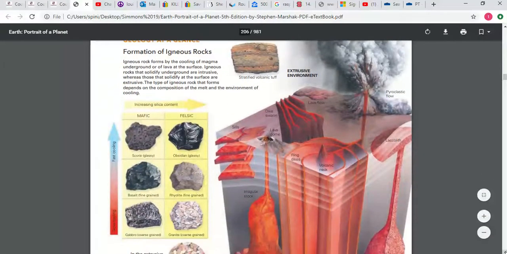Here they're comparing some of the different types of rocks. Again, the mafic rocks versus the felsic rocks. And again, the best way to kind of keep these separate is remember that the Ma in mafic stands for magnesium, and the Fic stands for iron. Iron on the periodic chart, as you remember, is not an I, but an Fe, isn't it?